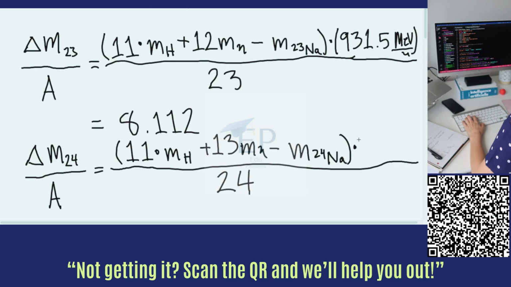Times our conversion factor to electron volts. Recall that each of these we wrote down in terms of atomic mass units. 931.5 MeV over u.